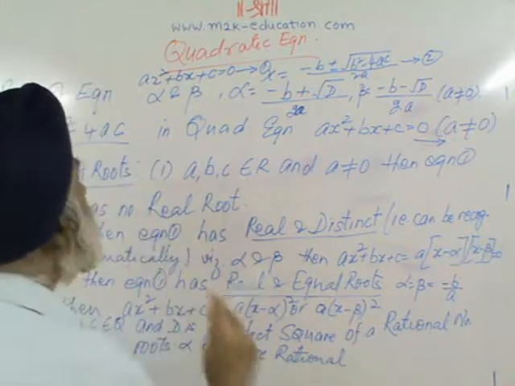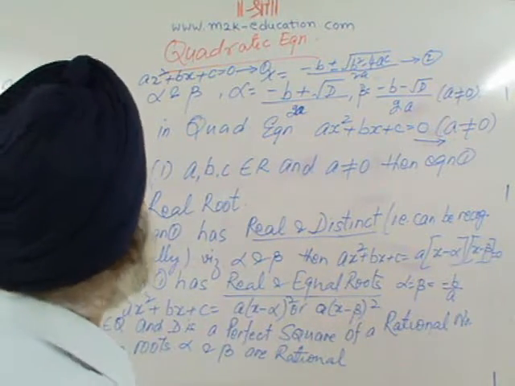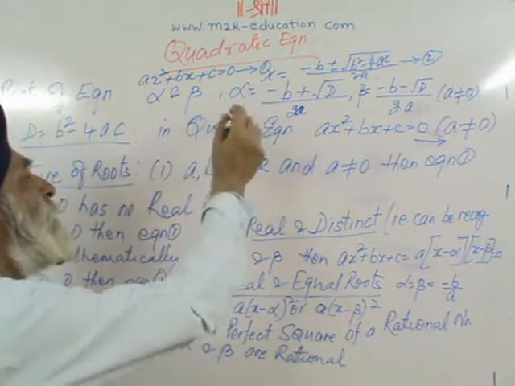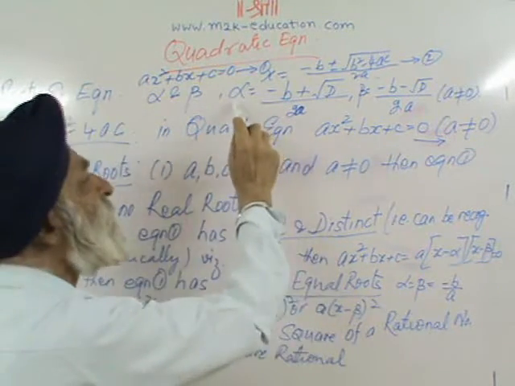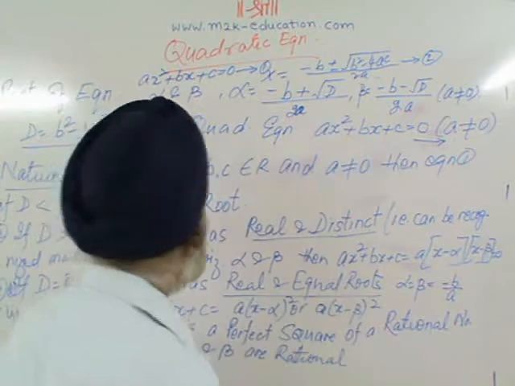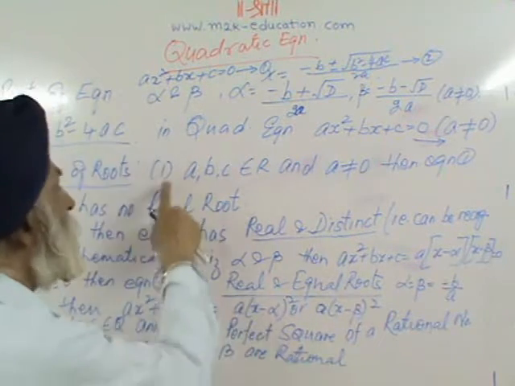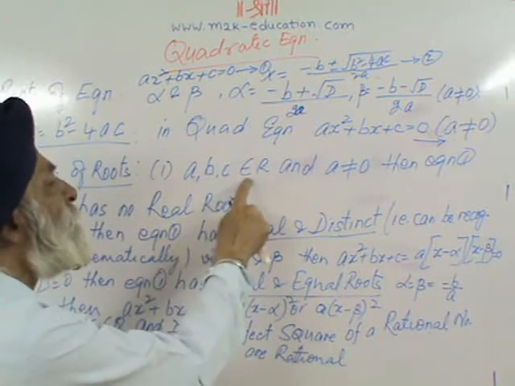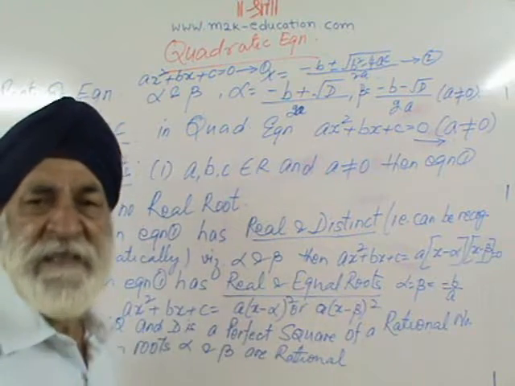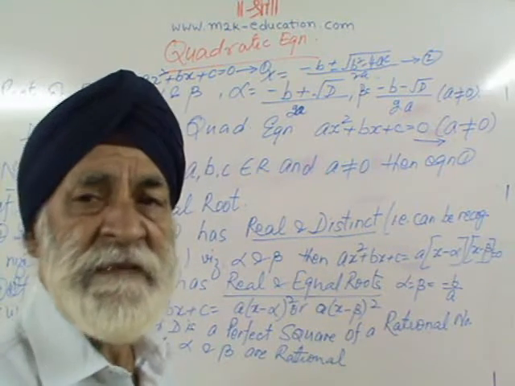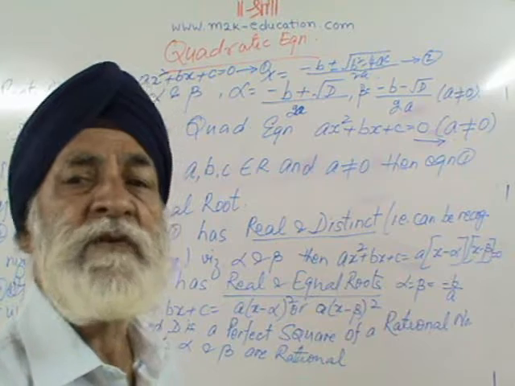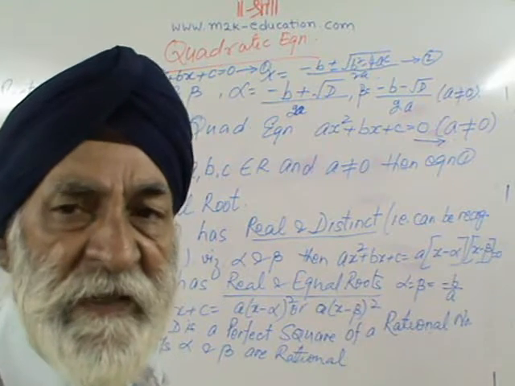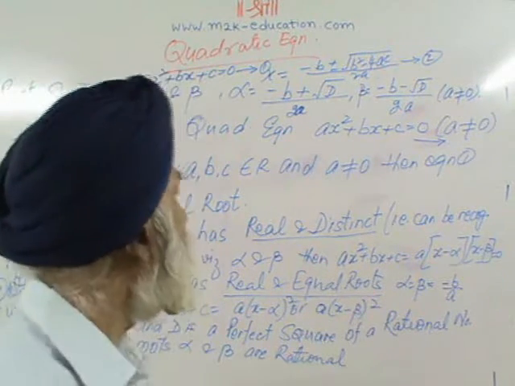So we want to find out now the nature of roots, that is, what sort of roots we get as alpha and beta. Number one, a, b, c are real numbers, meaning the coefficients have some value which can be recognized, which are in reality existing.